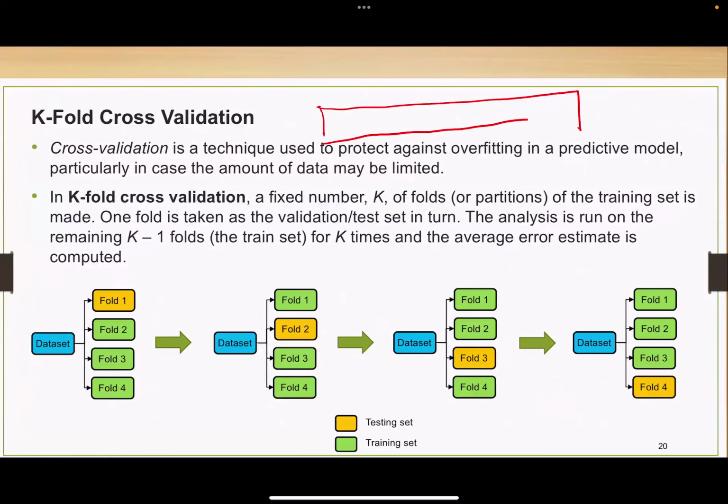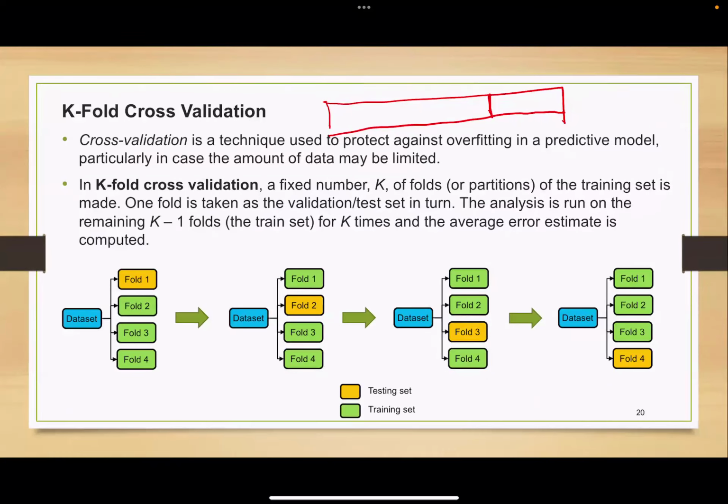Let's say we have a data set like this, and we split this part as training, this part as test, right? Then the performance when we use this training data will be different when we use this other part of training data, right?